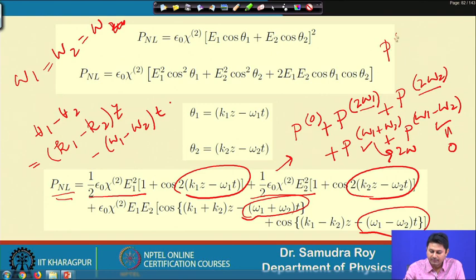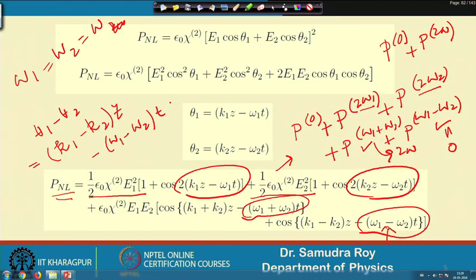So, eventually we have P 0 plus P of 2 omega, that we have already figured out in our previous calculations. So, if omega 1 and omega 2 are the same, we should have the same frequency component. The difference here does not make any sense, because if the two frequencies are the same, then there will be no frequency component at all, and the null frequency component is nothing but the difference of the two frequency components.